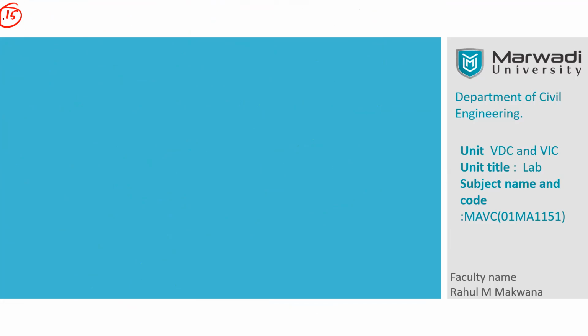Find the scalar potential function of A, that is y square i plus 2xy j minus z square k. Okay. So first of all, find its curl.